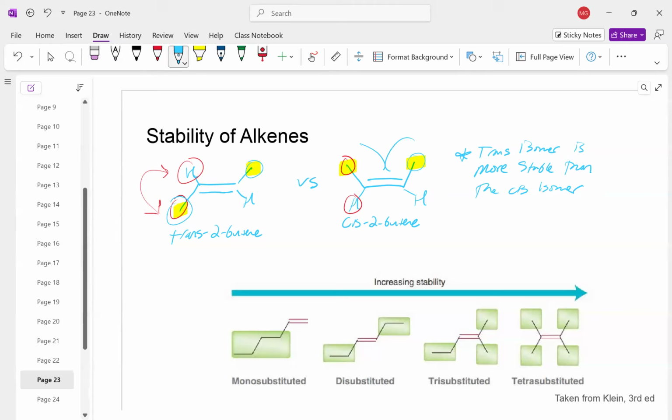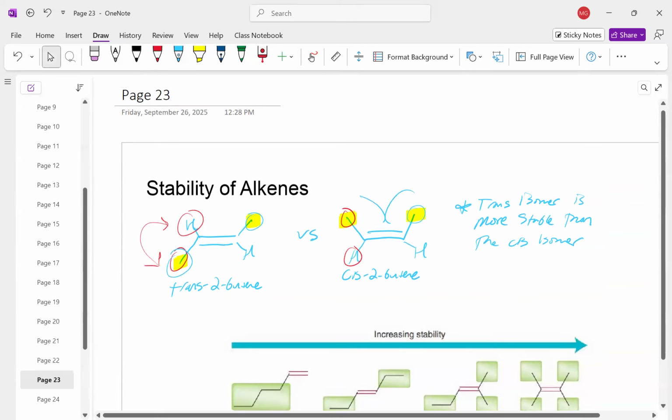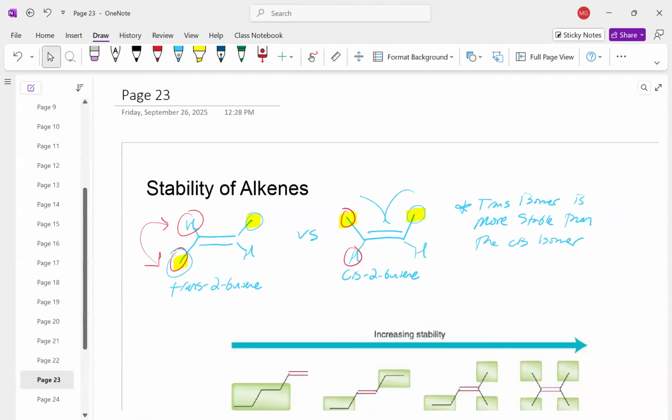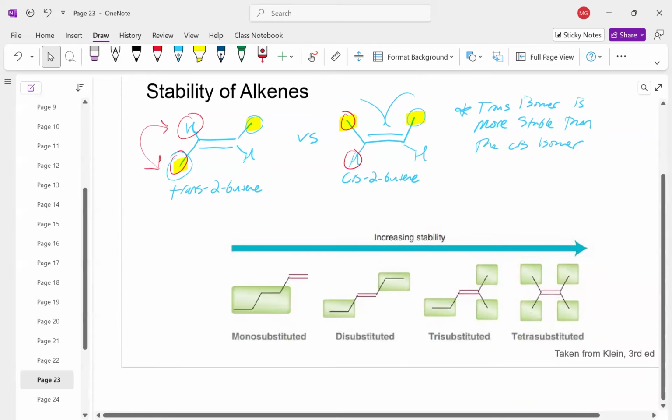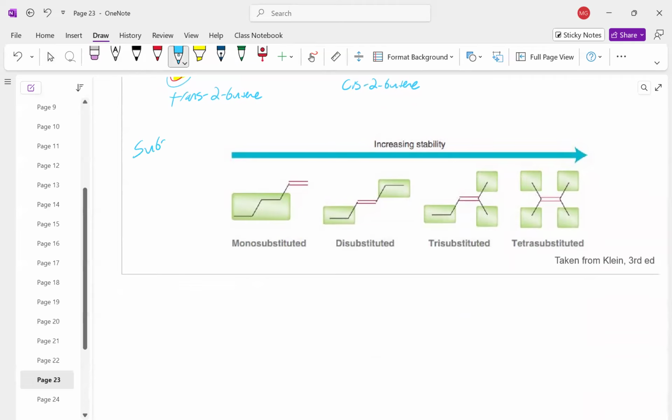Now, the other thing that affects alkene stability is when we're not talking about stereoisomers. I want to highlight that in this first category, we're dealing with stereoisomers: same formula, same connectivity, but the atoms are arranged differently in 3-dimensional space. What I want to look at now is the number of substituents on the alkene, or what we call substitution. I'm not talking about SN2 or nucleophilic substitution; it's the same name, but a completely different subject.